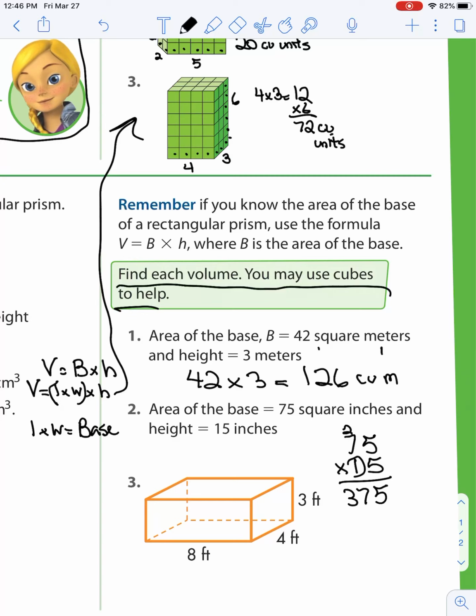Before we move on to the 10s, we have to put a 0 placeholder underneath the 5. And 1 times 75 is 75. Add it all up, we'll get 5, 12, carry the 1, and 11. And so the answer for this one is 1,125 cubic inches.